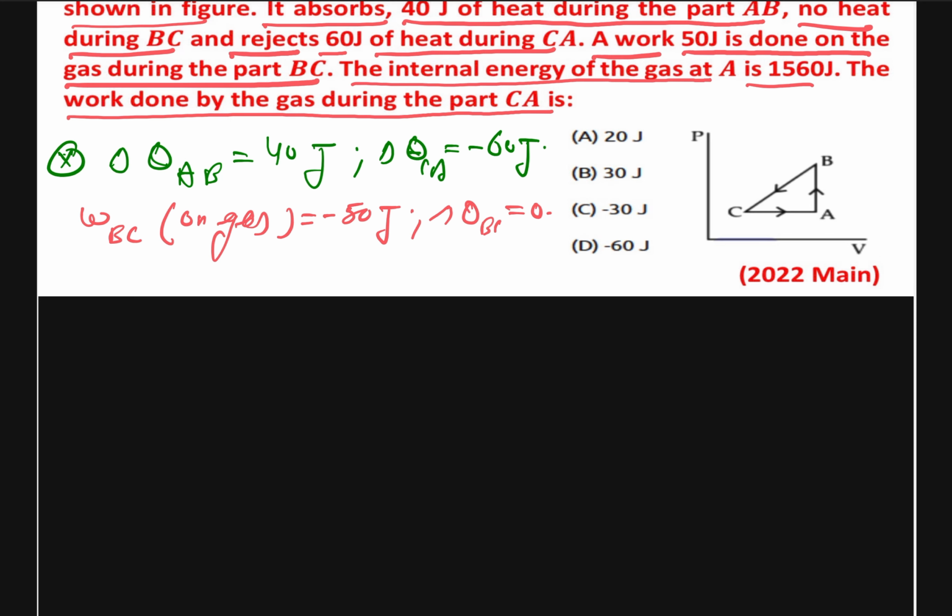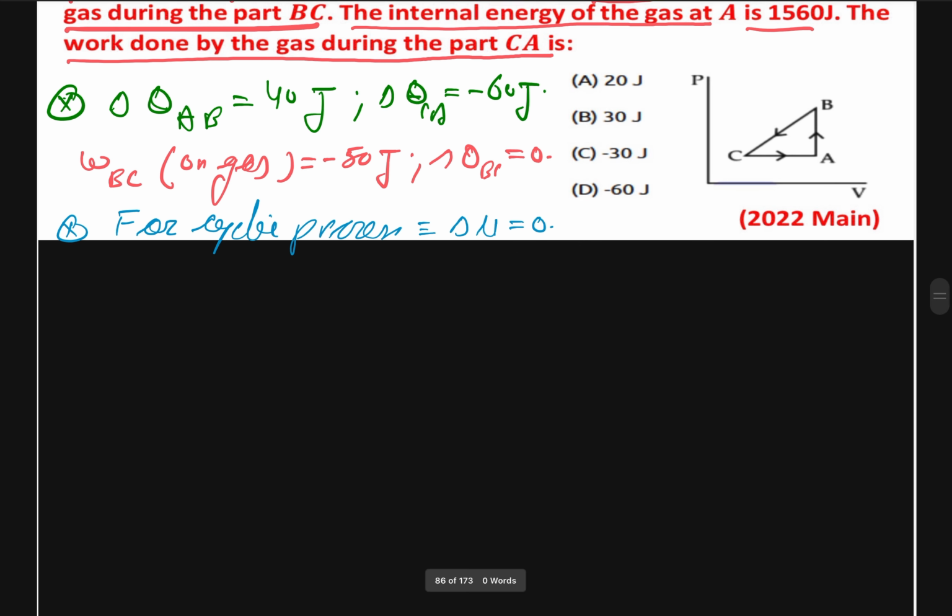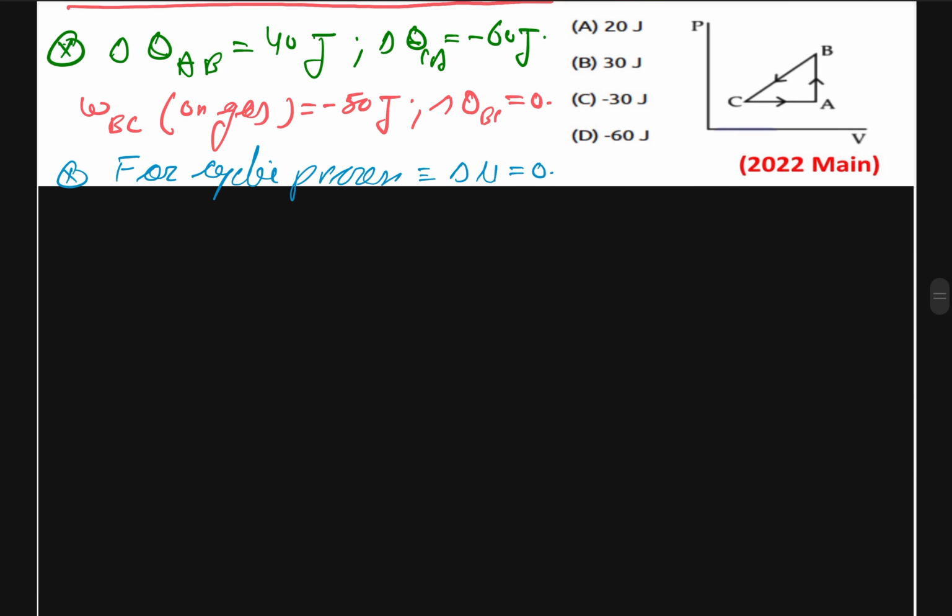And this is a cyclic process, so we know that for cyclic process our internal energy change for complete cycle is equal to 0. So we can use our first law of thermodynamics.